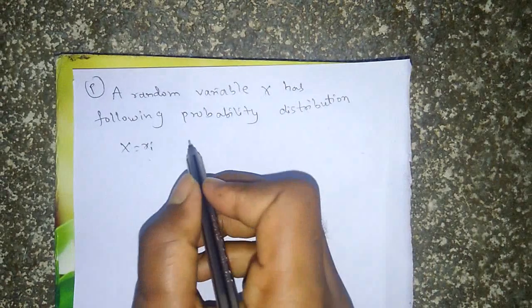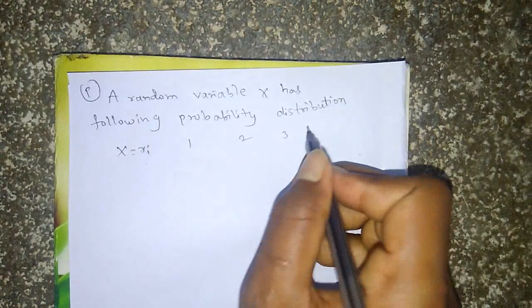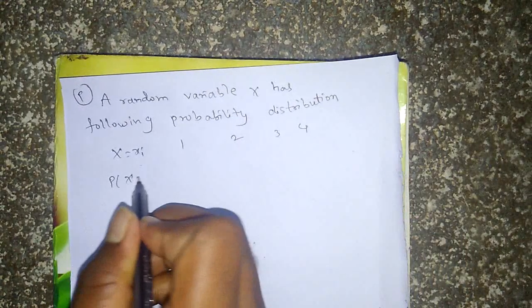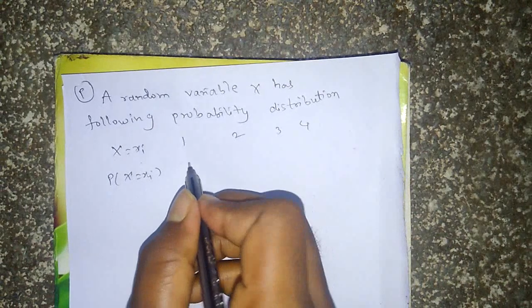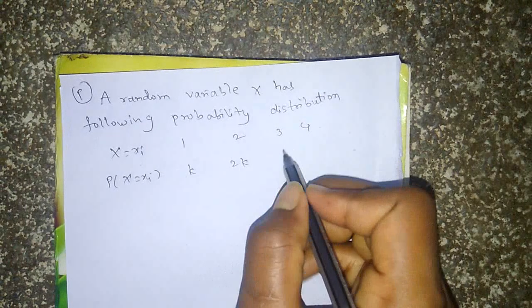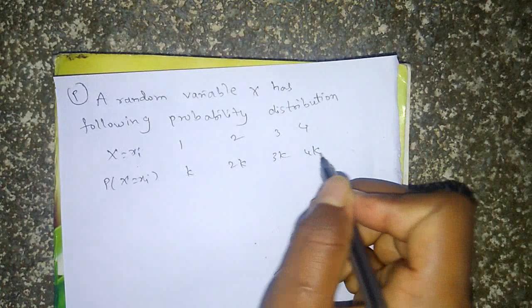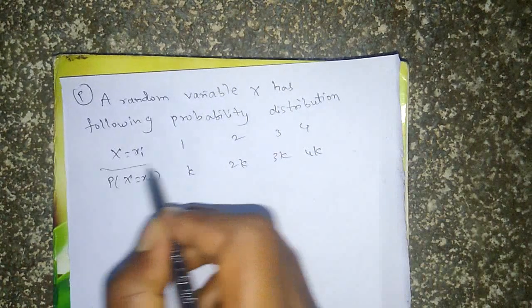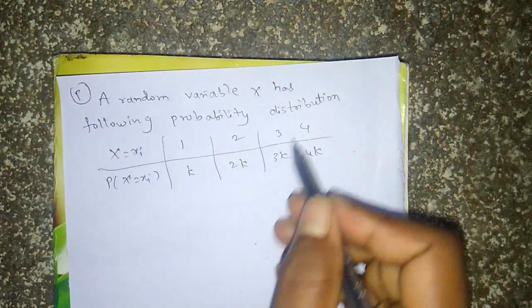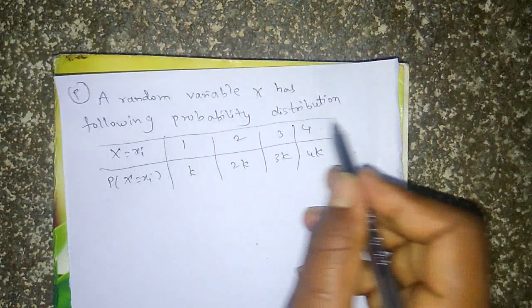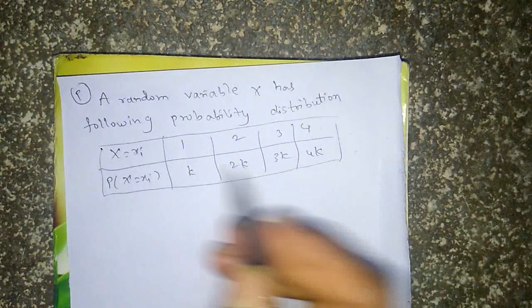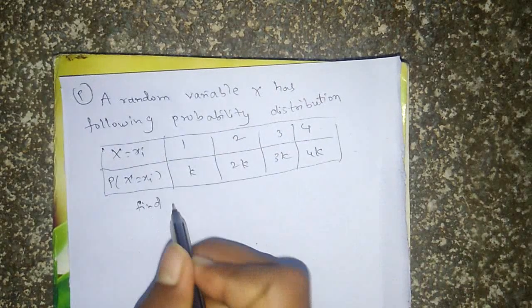X takes the values 1, 2, 3, 4 and the probabilities are P of X equal to x_i: k, 2k, 3k, 4k. Then find the value of k.